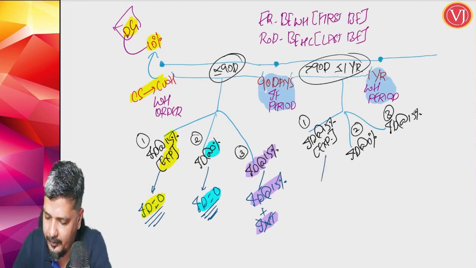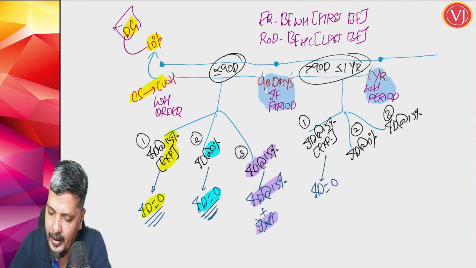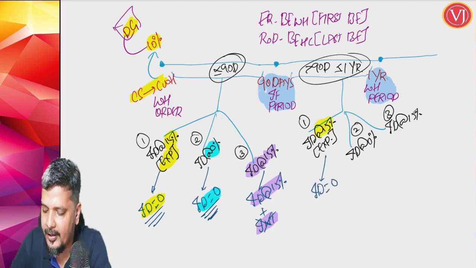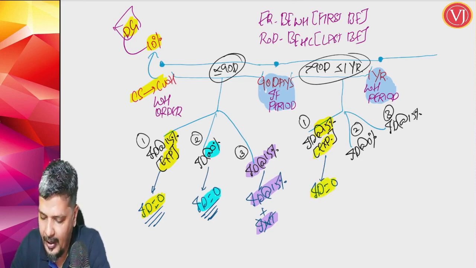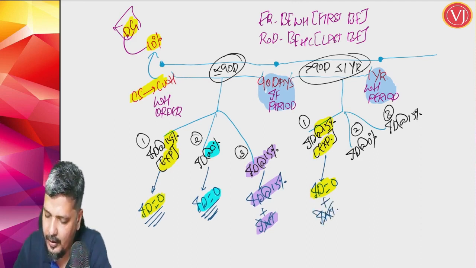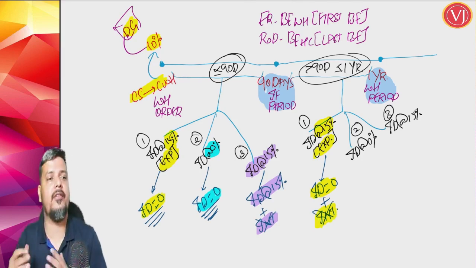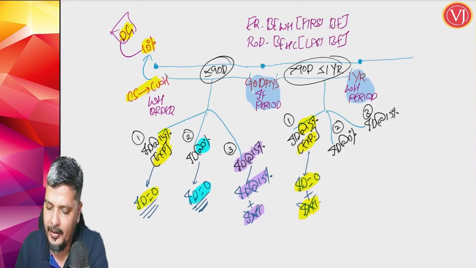But what will happen? Import duty is 0. Why? Though import duty at the time of clearance is 15%, you are exporting it. And when import duty is 0, can you have interest? No. When import duty is 0, interest is 0, since 0 multiplied by anything is 0.